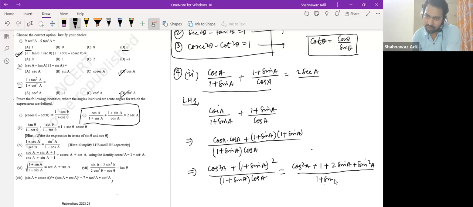And now, Amar, you tell me, can we use anything in here? Look at the numerator. So what can we do in the numerator? Can you find something which we can use? Remember the identity.